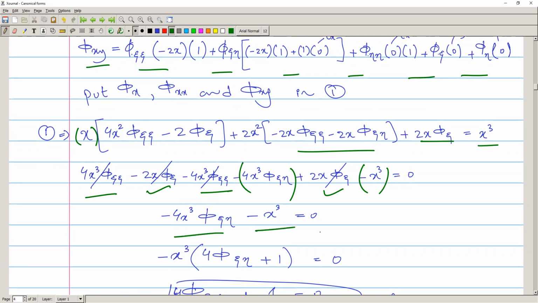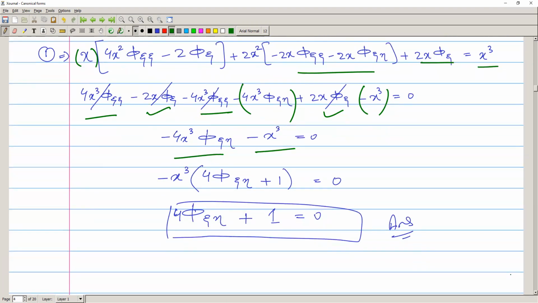So here we write these two terms, and x cubed is common, so we can take it out common with the negative sign. It will move to the right and become 0, and we will be left with 4 phi psi eta plus 1. So you see how cool is that?